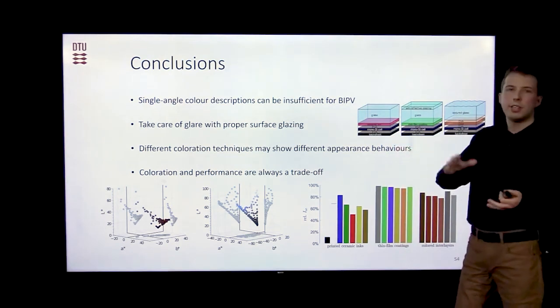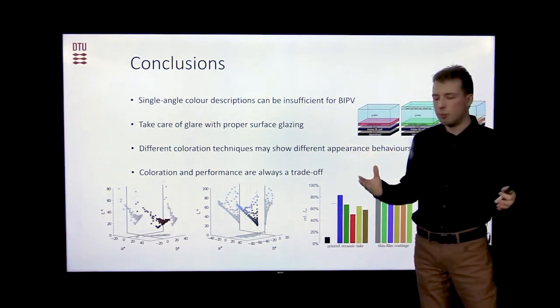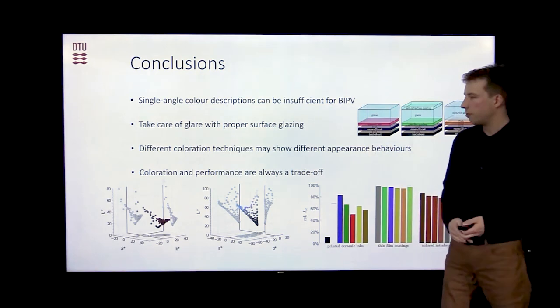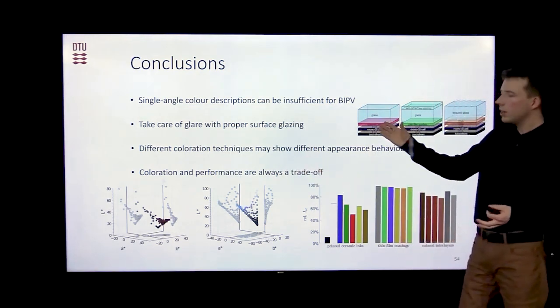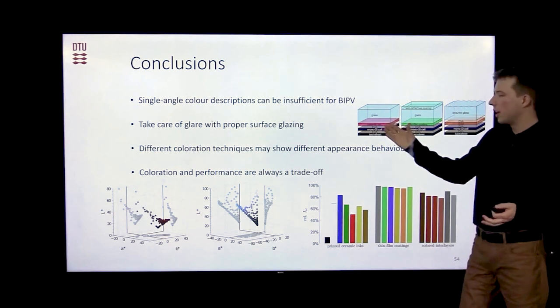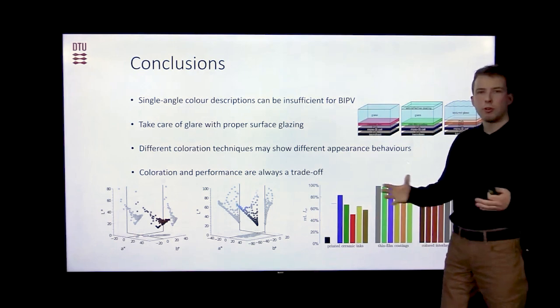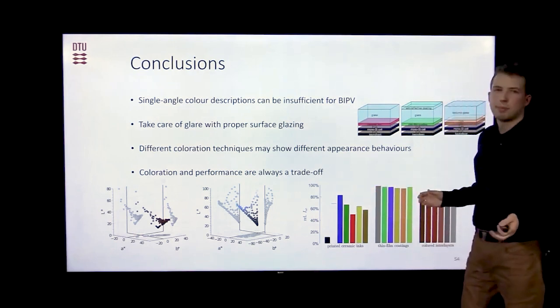We can either have an iridescent appearance, or we can have a very consistent appearance over all angles. And finally, there is always a trade-off between the coloration and the performance. So the appearance is somewhat inversely related to the performance, with very low performance for uniform appearances and a higher performance for the more angular dependent appearances.